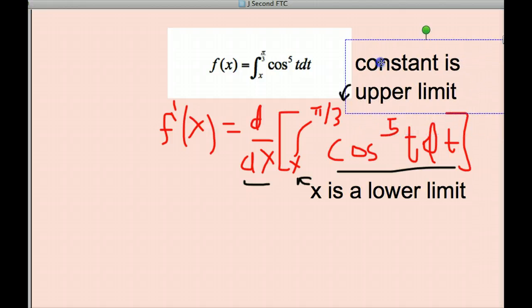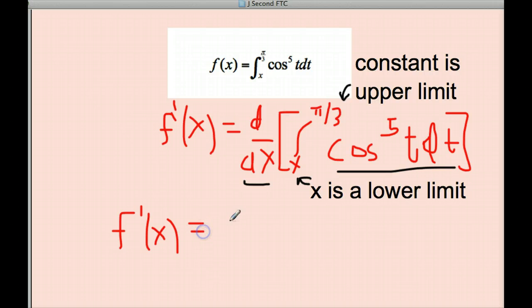In order to get this to match the second fundamental theorem exactly, I actually need the x to be my upper limit and the constant to be my bottom limit. So I go back and think about my different properties, and the one property that allows us to switch this is if I flip my limits. Well, in order to flip my limits, don't I have to make my answer negative?